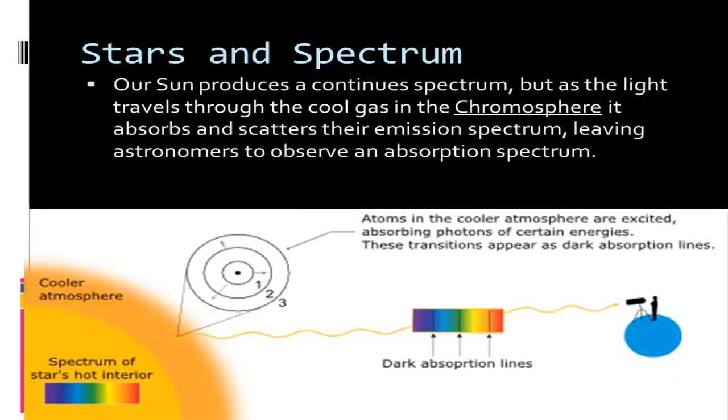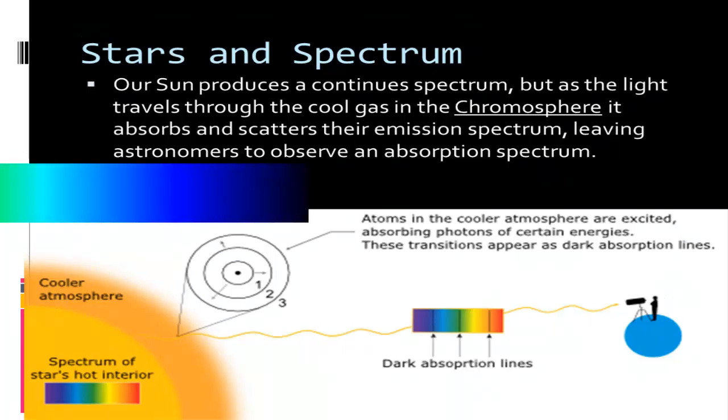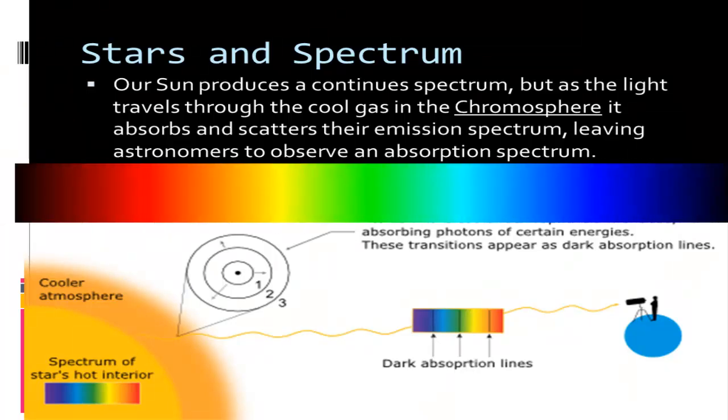And really, if we go back to looking at our sun, astronomers don't really see a nice rainbow. If we were to stretch this spectrum out, we would start to see that there are actually lines in it. The lines come from the continuous spectrum going through the cooler parts of its atmosphere. The cooler part, instead of giving off light, actually absorbs different wavelengths.